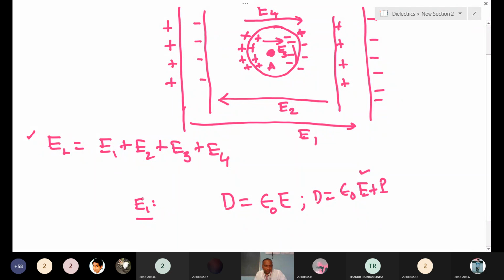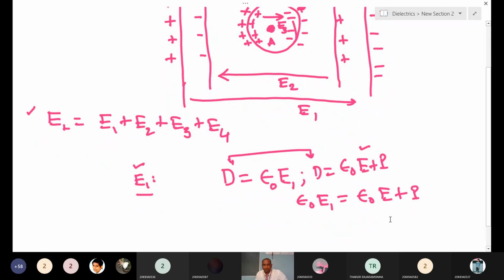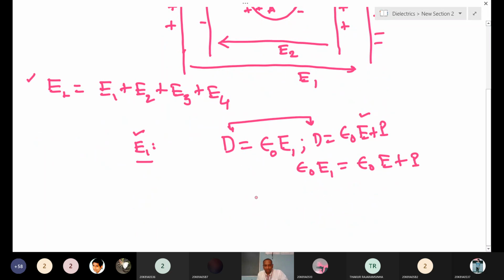If you take the electric field E1, these two D's are equal. So epsilon naught E1 is equal to epsilon naught E plus P. Rewriting this expression, sending epsilon naught to the right-hand side, E1 is equal to E plus P by epsilon naught.